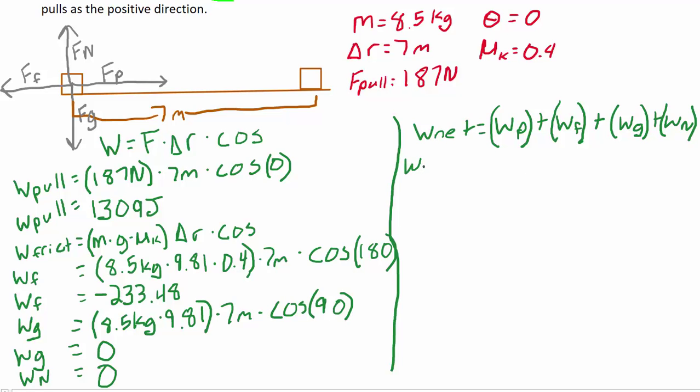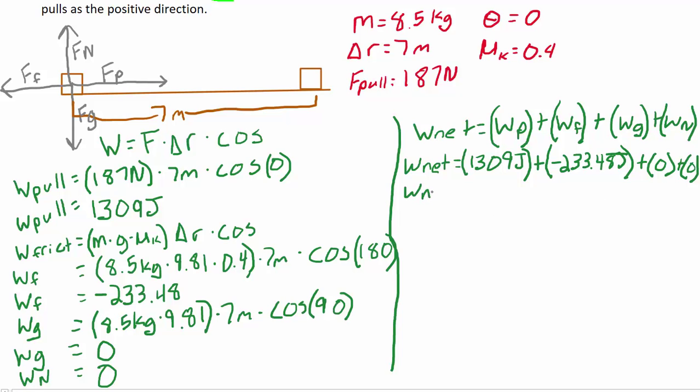So work net equals 1309 joules plus negative 233.48 joules plus 0 plus 0.